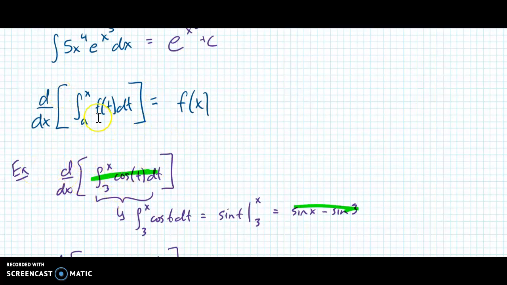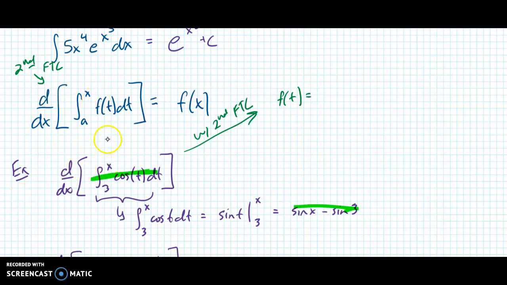If we look at this right here, my f of t, so with the second FTC. And remember, this is the second FTC. So with the second FTC, f of t is equal to, what is it? It's cosine t.